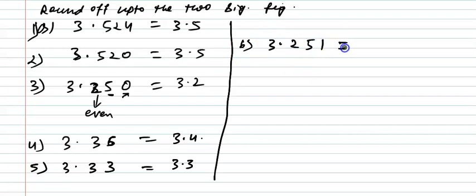How many significant digits? After rounding off up to two significant digits, what would be its number? It is 3.3. Yes or no? Because 5 is followed by a non-zero number, and if 5 is followed by a non-zero number, then the preceding digit must be increased by 1.